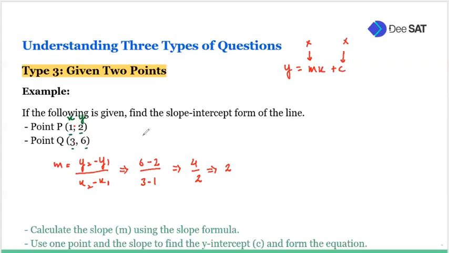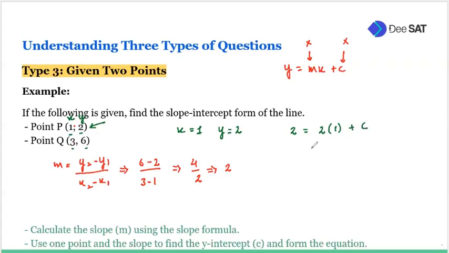So you can easily figure out that you just need to plug in any of these points. You can use any of these points to figure out the c part. So x equals 1, y equals 2 is available. Now, what you need to do is plug all of these values in to figure out c. So I'm doing that. 2 is equivalent to 2 times 1 plus c.